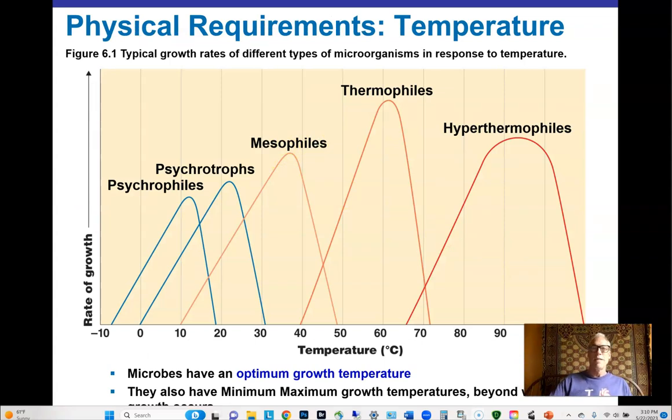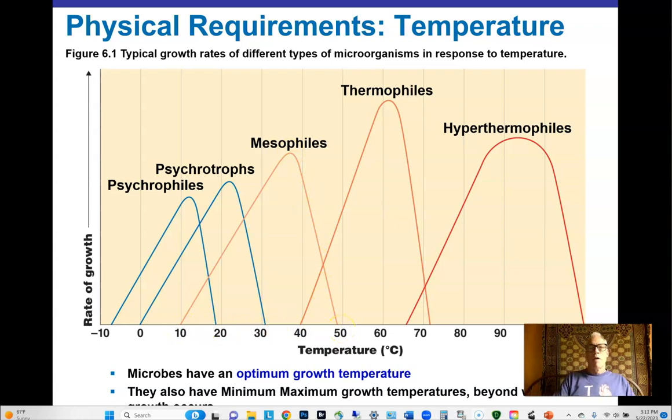interesting graphical representation of the temperature ranges in which different classes of microbes can grow. For example, mesophiles. Let's look at that one. It's represented by this red line that encompasses temperatures ranging from 10 degrees Celsius up to 50 degrees Celsius.